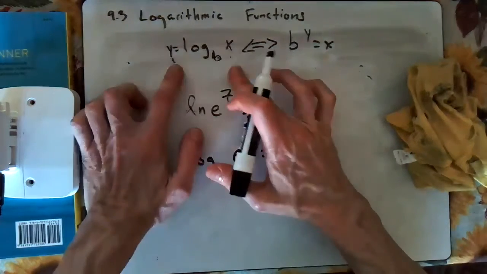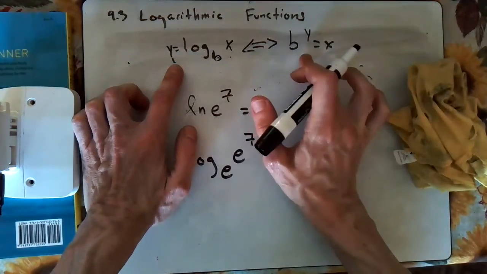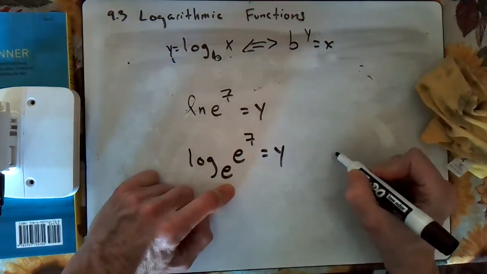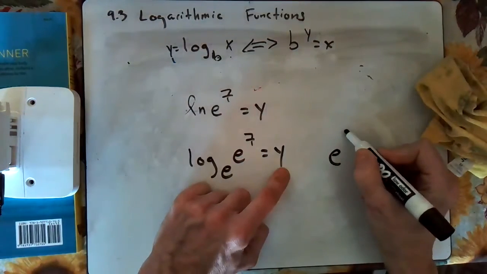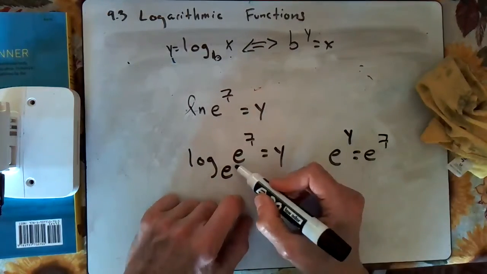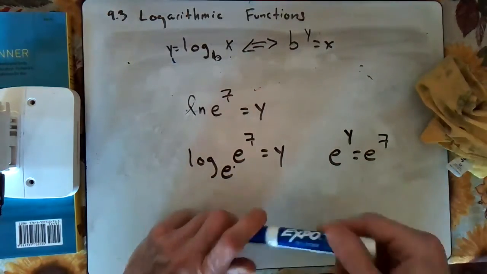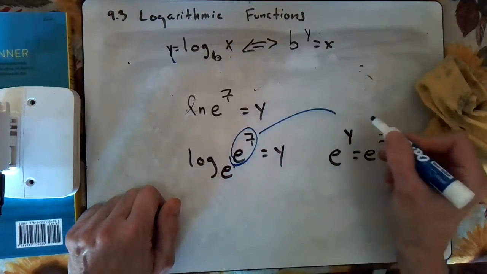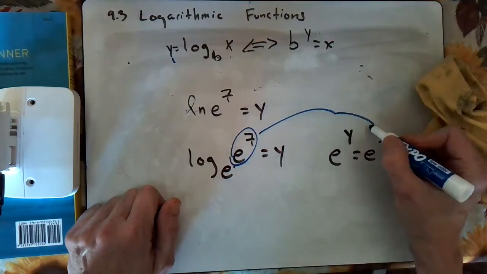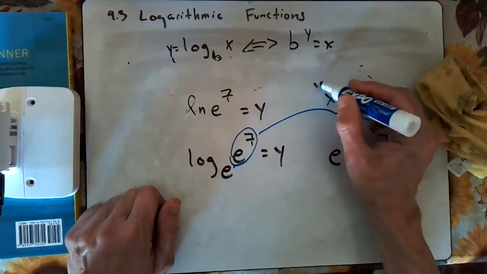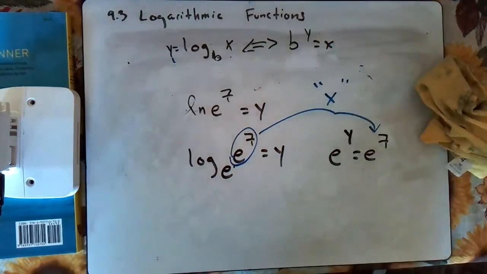So now that we have it in log form, right, let's convert it into exponential form. B to the y, what's your b? e to the y equals e to the 7th, right? Remember, all this right here, that is your x right there.